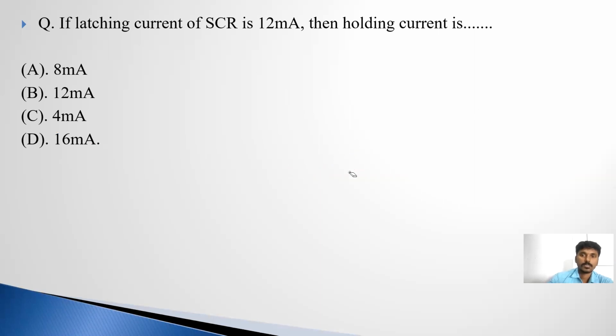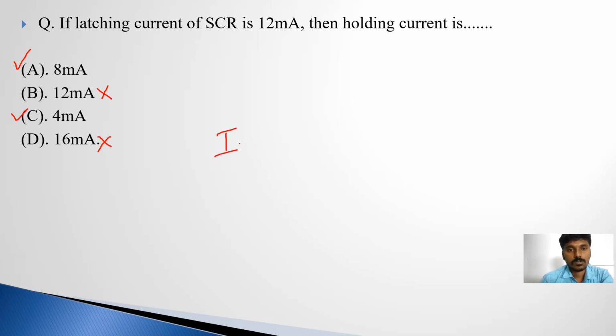I think there is a little confusion here. Latching current and holding current will not be equal, so this is the wrong answer. And holding current is not greater than the latching current, this is also wrong. So only A and C remain.